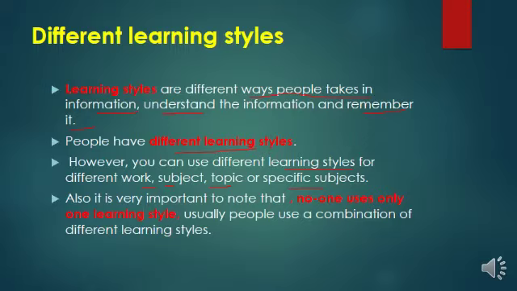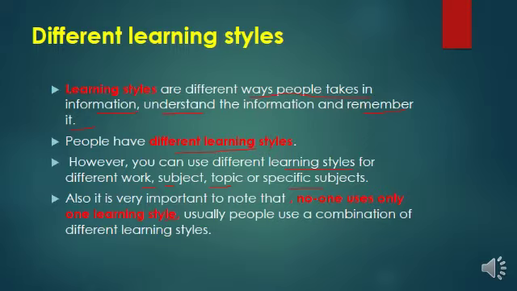Also, it's very important to know that no one uses only one learning style. Like I have explained before, people use different learning styles. It means you can use different learning styles for how you learn information and how you memorize information.